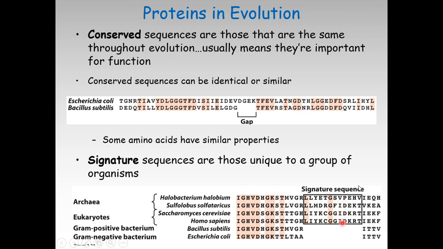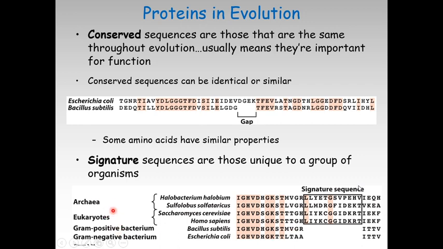V, I, this is similar. H, K, R, that's another classic example. H is histidine, K is lysine, R is arginine, positively charged amino acids. The variation in the signature sequence reflects the significant evolutionary divergence that has occurred at this site since it appeared in a common ancestor of both groups.